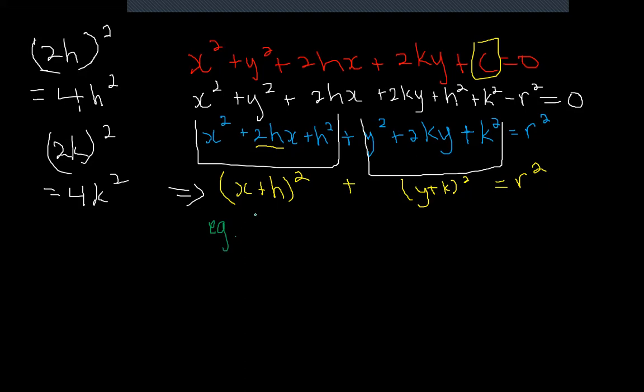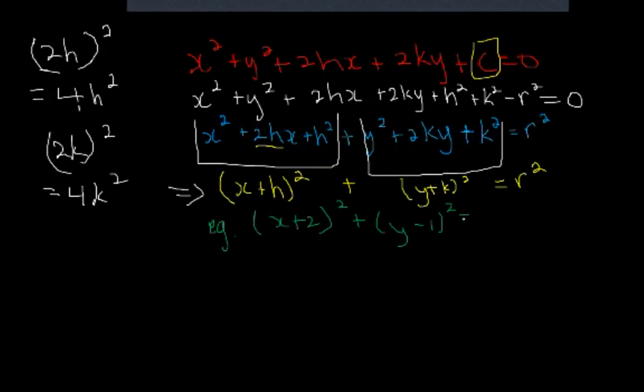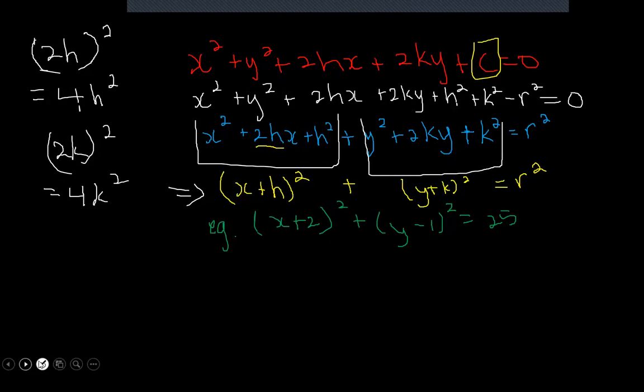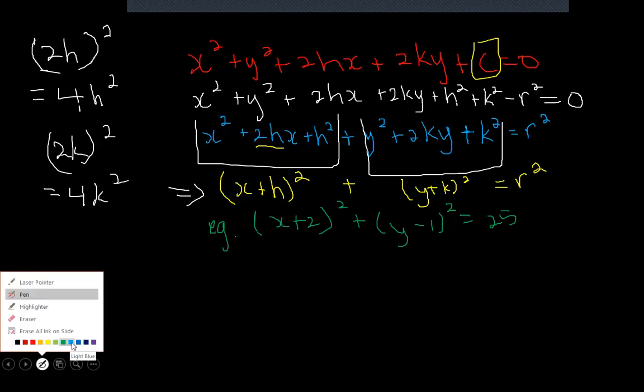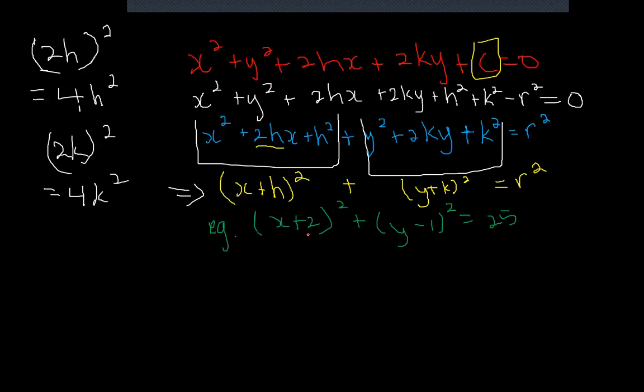Say when I did all this, my answer was x plus 2 squared plus y minus 1 squared is equal to 25. To find the center now, h is 2, and k is minus 1.